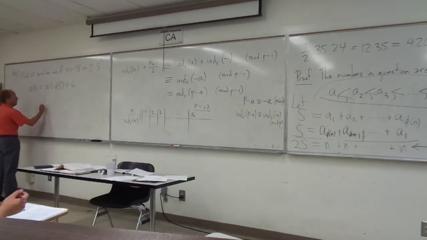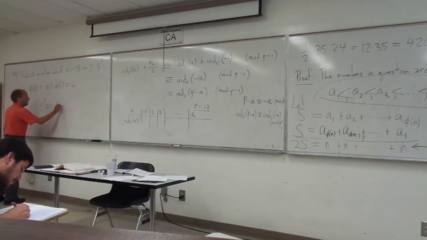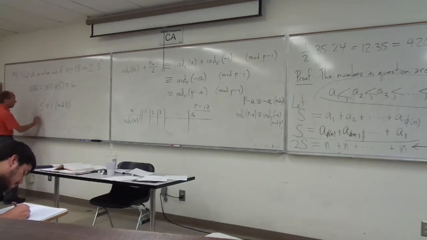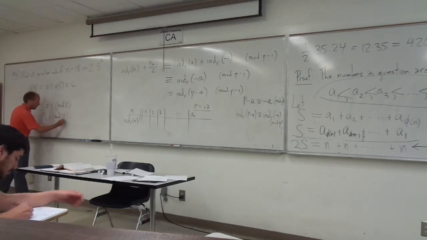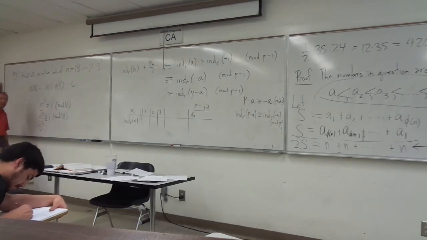So 5 to the first is not congruent to 1, mod 18. And 5 squared is not congruent to 1, mod 18. What about 5 cubed? 125 mod 18, oh goodness, let's see. 18 times 6 is 108, isn't it?